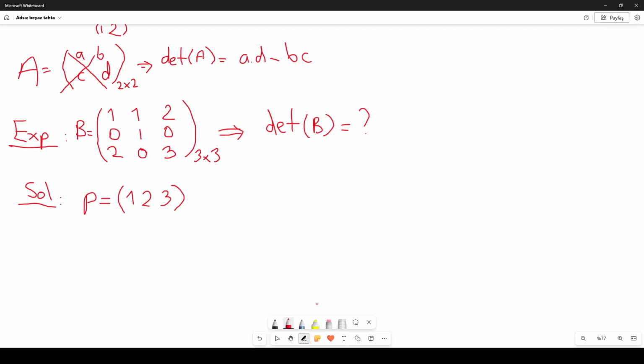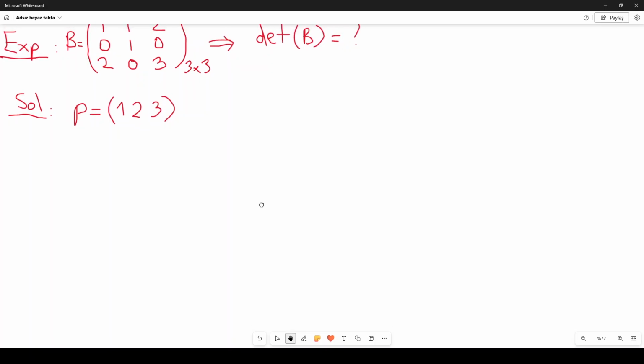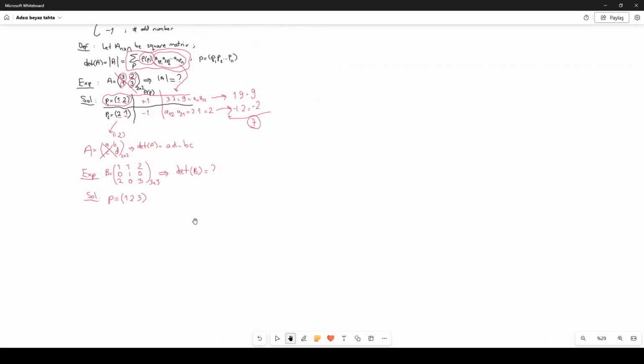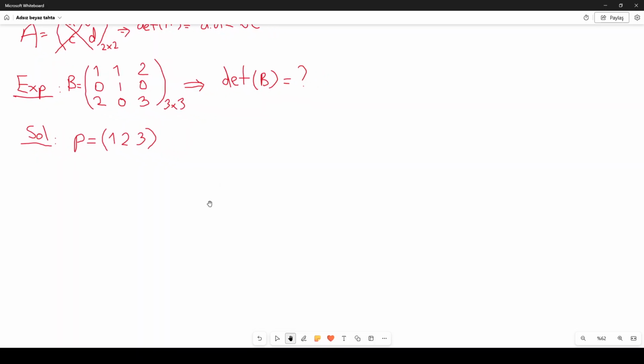So this is the first permutation. And now how about the other ones? How many different permutations will I have? Since I have 3 elements here, we have 3 positions.